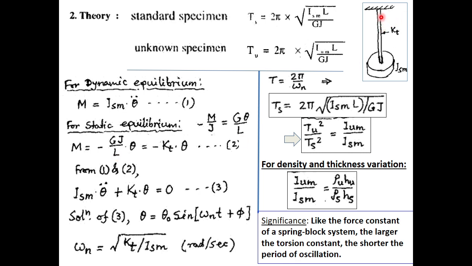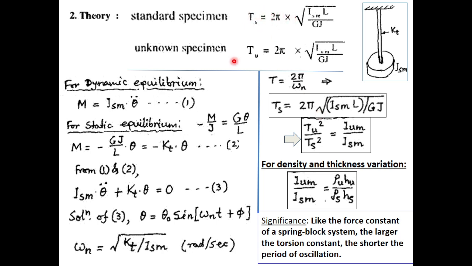L is the length of the wire, J is the polar moment of inertia of this wire rod, and G is the shear modulus. This is what we substitute for kt, and this is the expression we get. So this is written here.